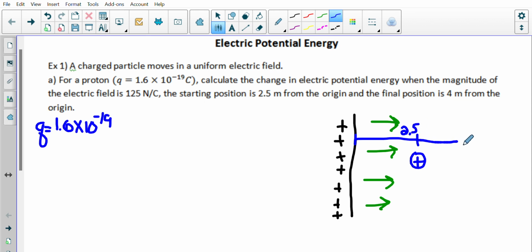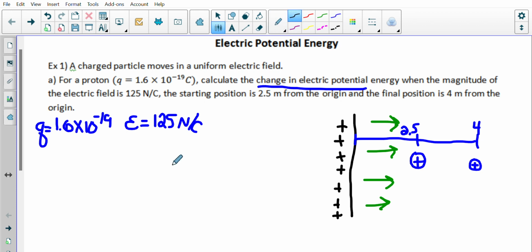And then it is moved out to 4 meters, to the 4 meter mark. And this strength of this electric field here that I've drawn in green is our epsilon, which is 125 newtons per coulomb. And what we want to do here is calculate the change in electric potential energy.